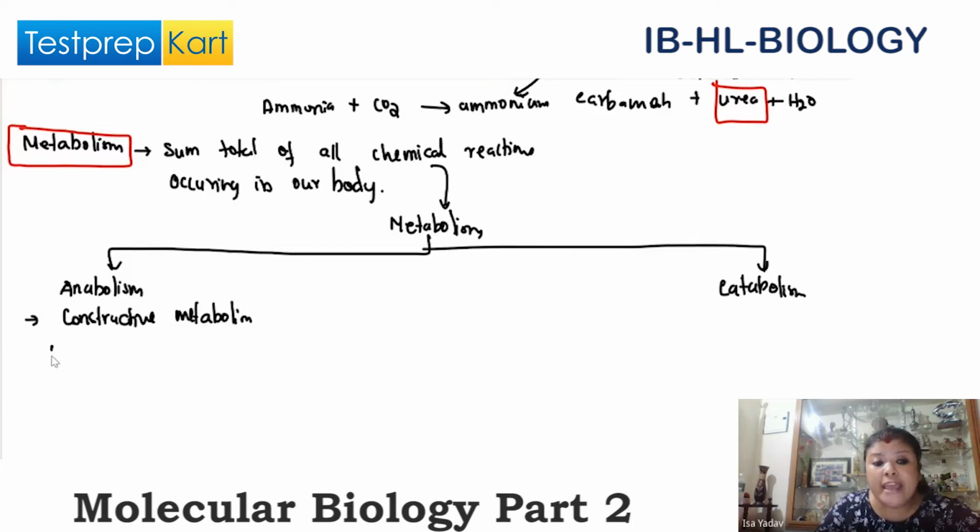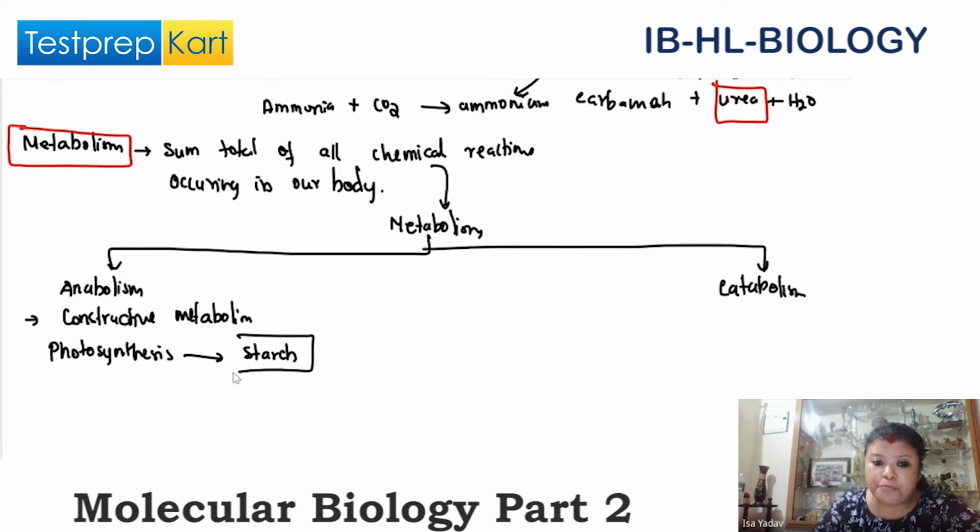So, for example, photosynthesis. Photosynthesis is that procedure where, with the help of chloroplast, pigments, water, minerals and light, the plant will make the complex compound called starch.